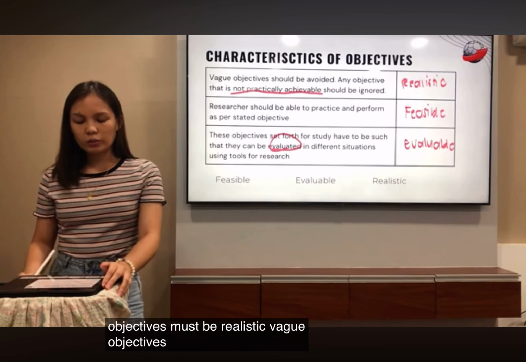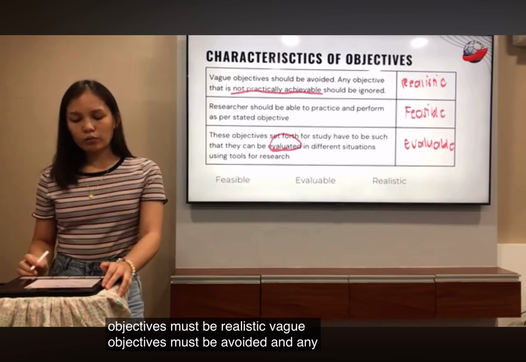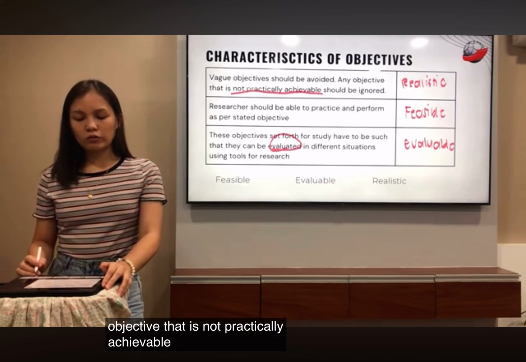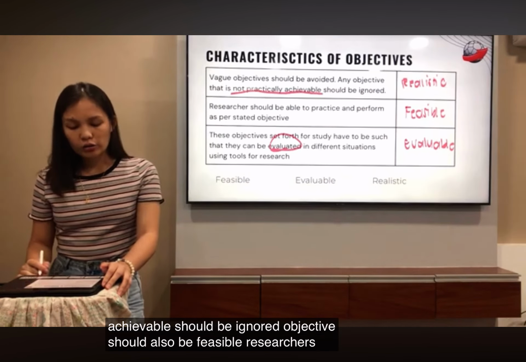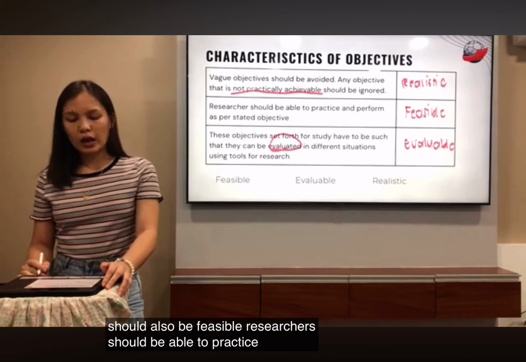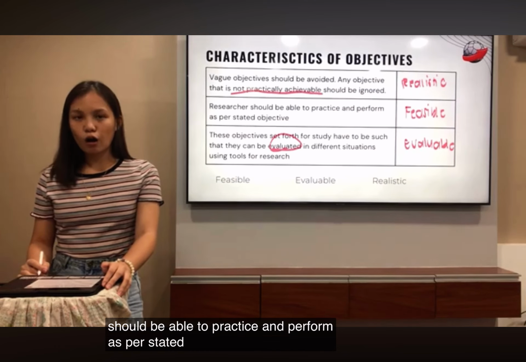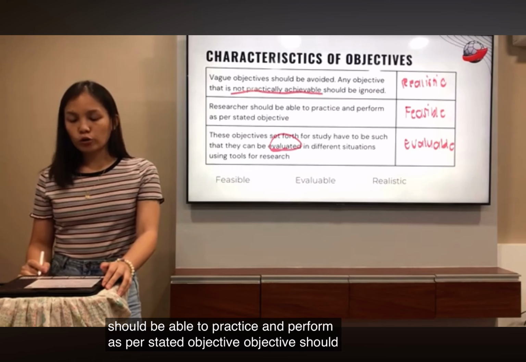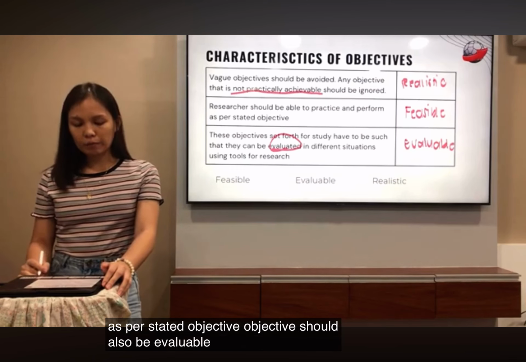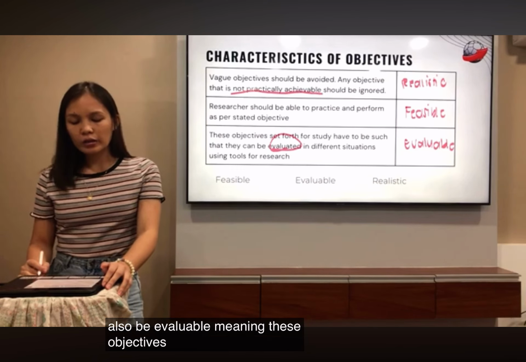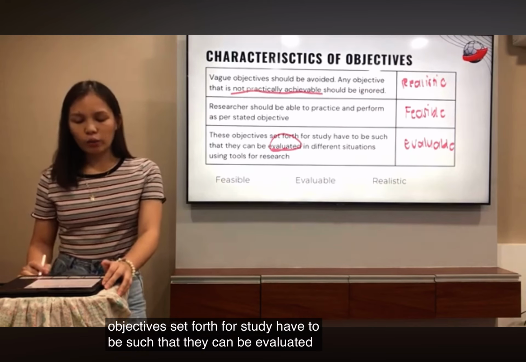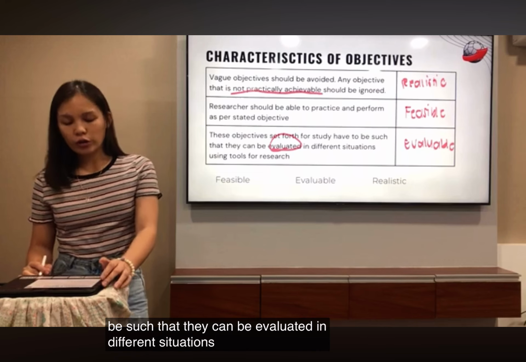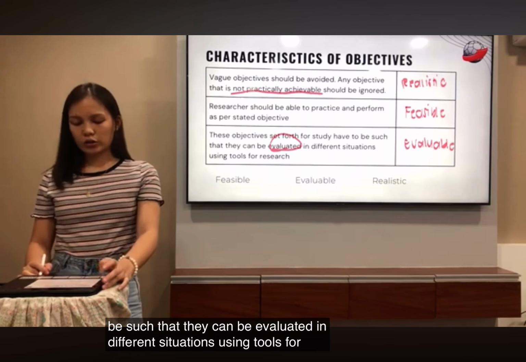Vague objectives must be avoided, and any objective that is not practically achievable should be ignored. Objectives should also be feasible. Researchers should be able to practice and perform as per stated objective. Objectives should also be evaluable, meaning these objectives set forth for study have to be such that they can be evaluated in different situations using tools for research.